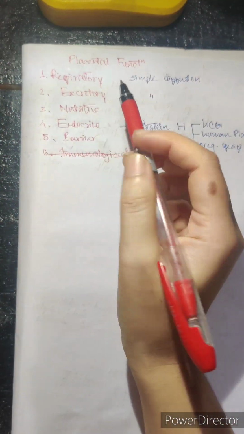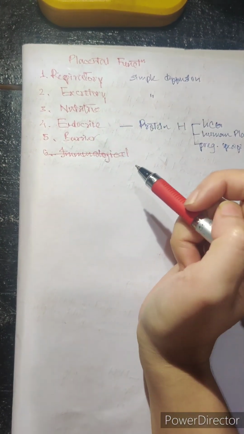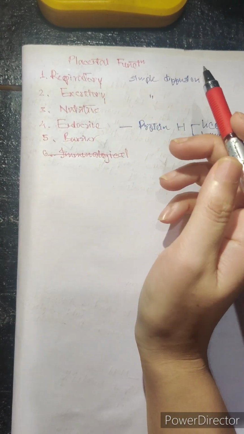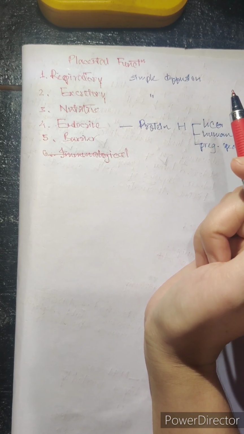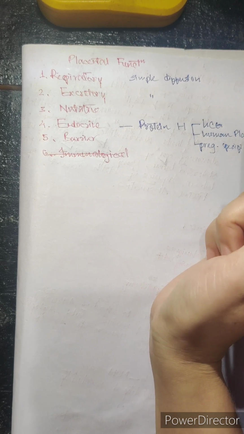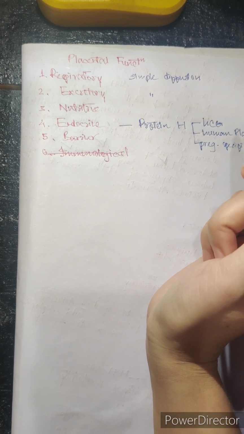The first function is the very common one, which is your respiratory function. As you know, during intrauterine life, that is when the fetus is inside the uterus, the fetal lungs are non-functional.